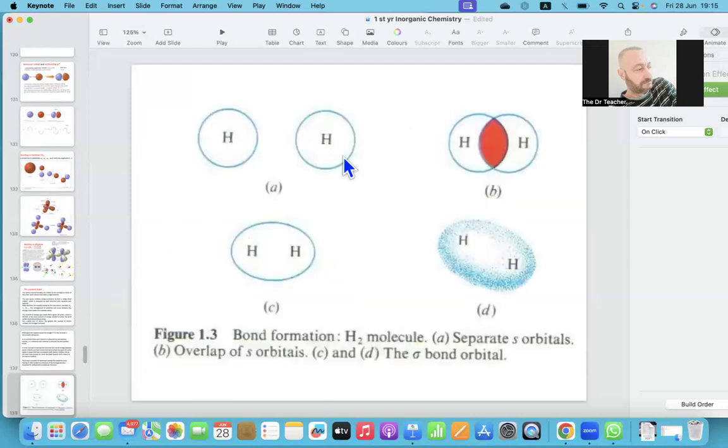Here is the s-s full overlap, making the sausage shape of the overlapping bond formation of the hydrogen molecule. Here are the separated s orbitals, and here is the overlapping s-s. We can call it 1s, 1s, but here we have s-s, which means they are already overlapped.